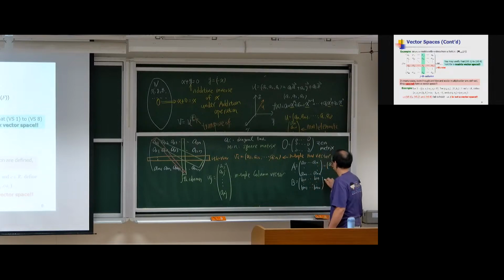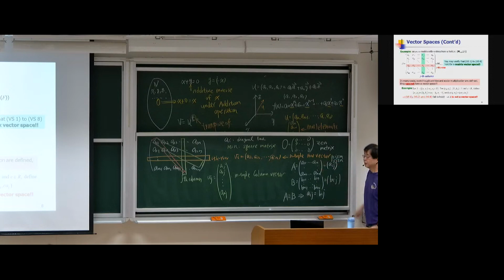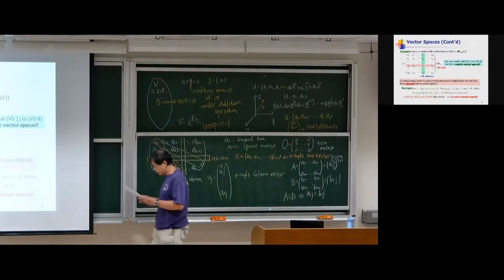So we can also express it as Bij. If I have matrix A equals matrix B, it means that all the elements at the same position are identical. Okay, so we have the definition of the matrix.